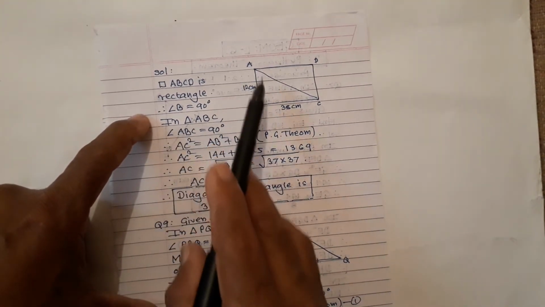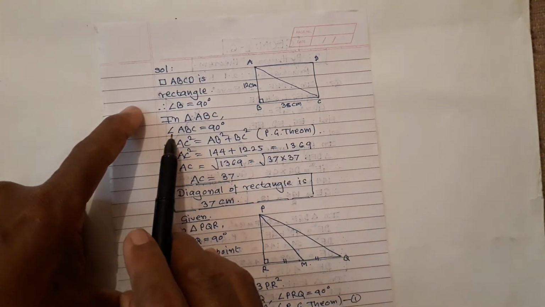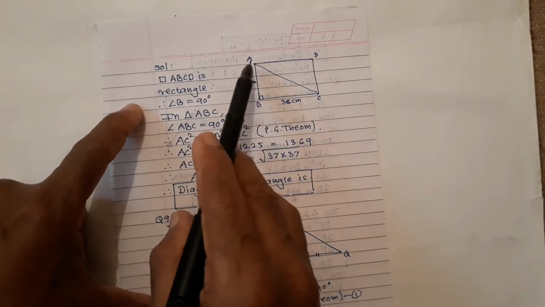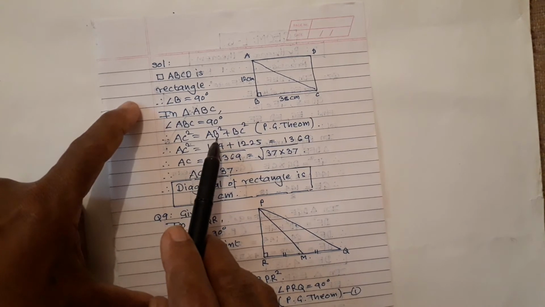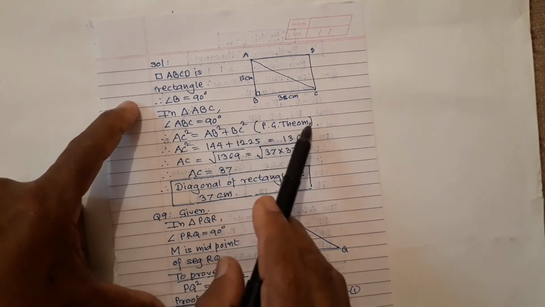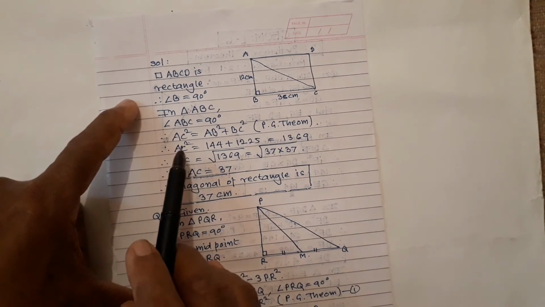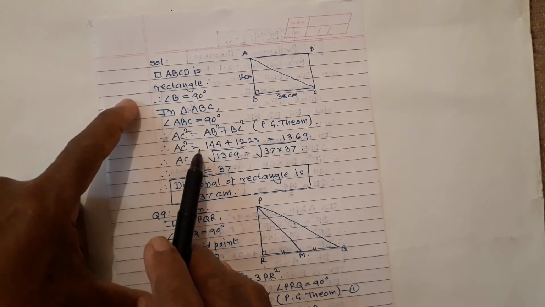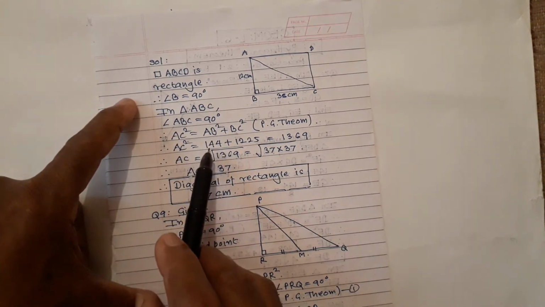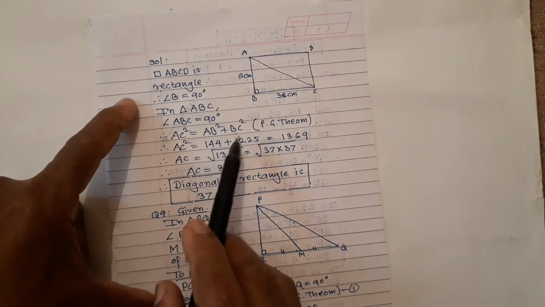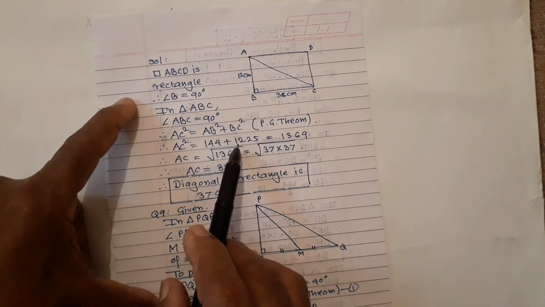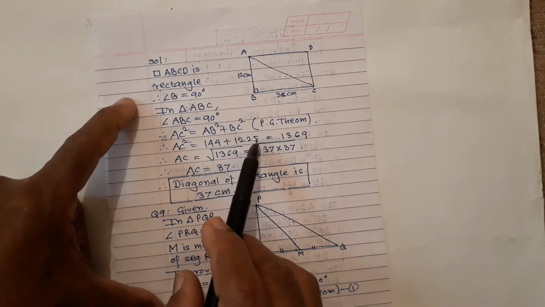In triangle ABC, angle ABC is 90, and therefore AC square is equal to AB square plus BC square, Pythagoras theorem. And therefore AC square is equal to AB is equal to 12, 12 square is 144, plus BC is equal to 35, 35 square is equal to 1225.